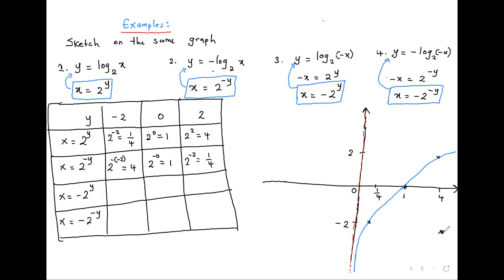We have 0, 1, and we have 2, 1/4. So I'm coding from the y-axis.